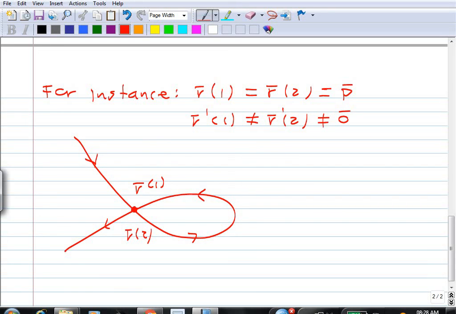And now here we see that in fact we've got two tangent lines. We can draw two tangents to the curve, one there and one there. So it's very important that we check that we have all the possible solutions to the equation r of a is equal to P.